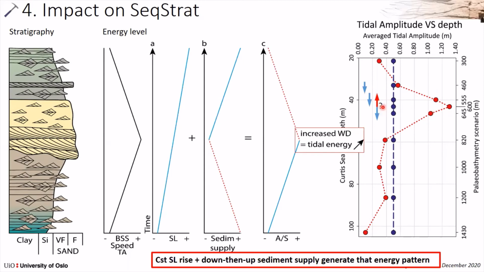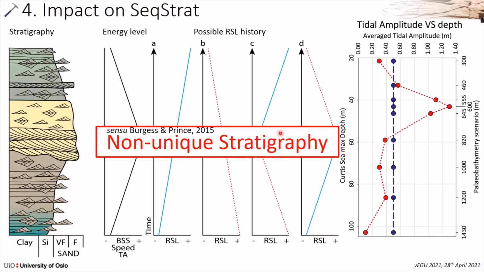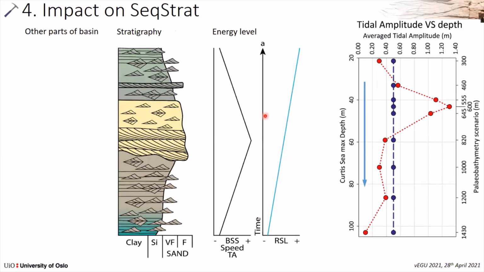I can exit it either by slowing the pace of relative sea level rise, while it's still rising, or, if I have a dramatic increase in sediment supply, I can also lower it and have basically a relative sea level fall. So the stratigraphy is non-unique because it could have been the product of four or five completely different relative sea level curves. And this is for one spot in the basin.